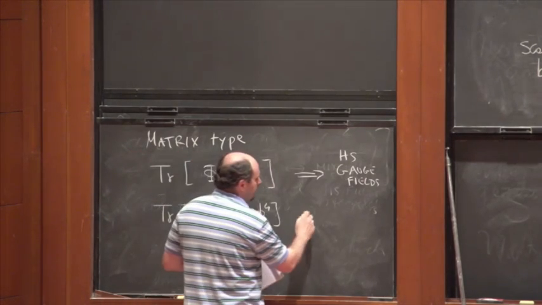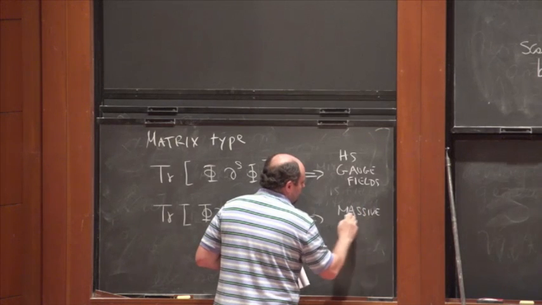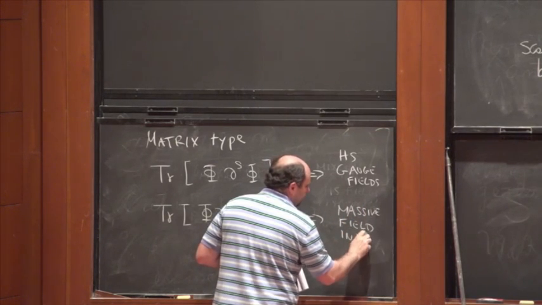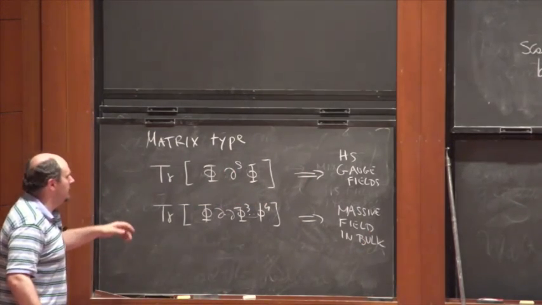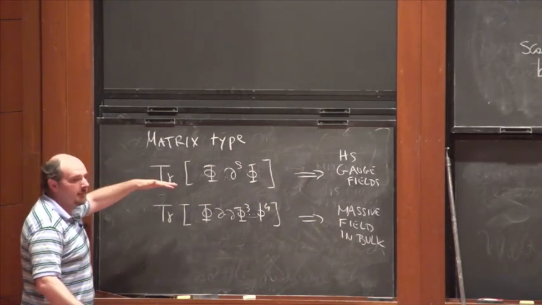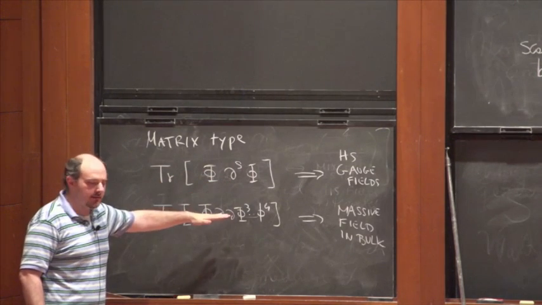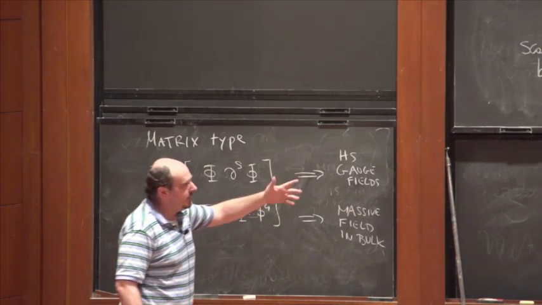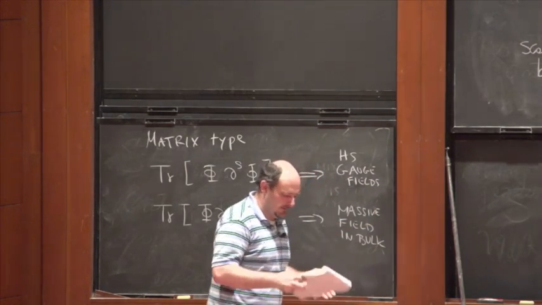It's a massive state. Massive field in the bulk. So the dual to matrix type theories in the weak coupling limit should include both higher spin gauge fields and a very large tower of massive fields, while vector models don't have this feature. The spectrum is very simple.